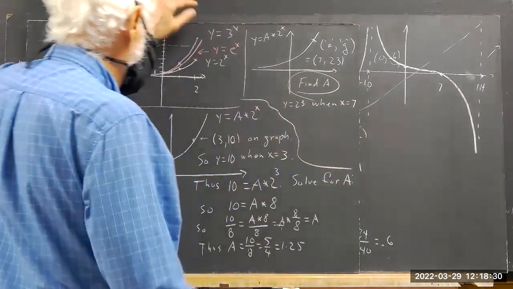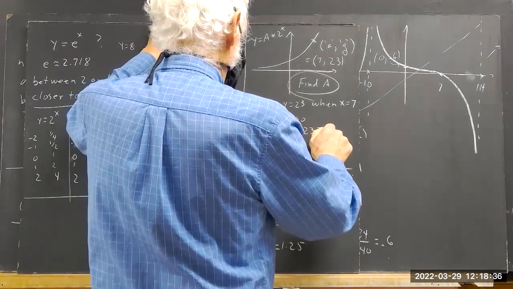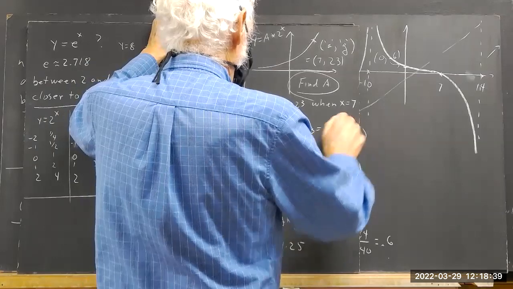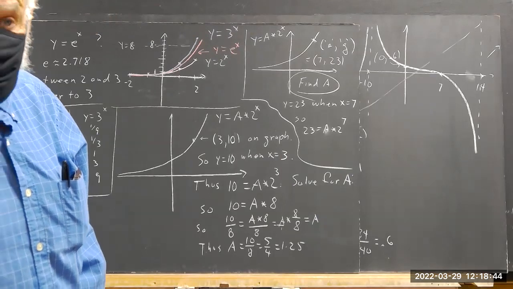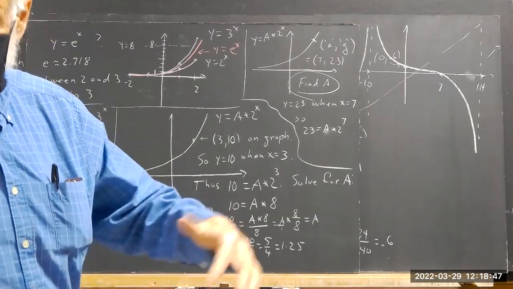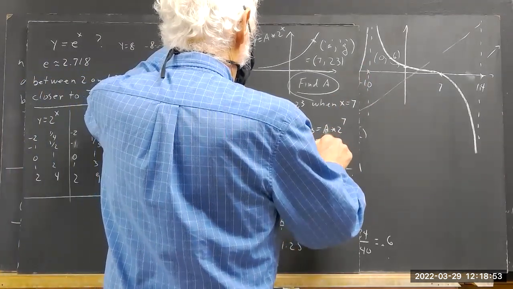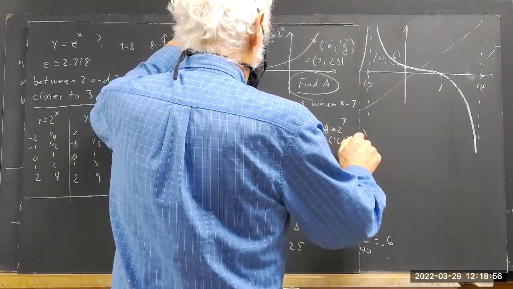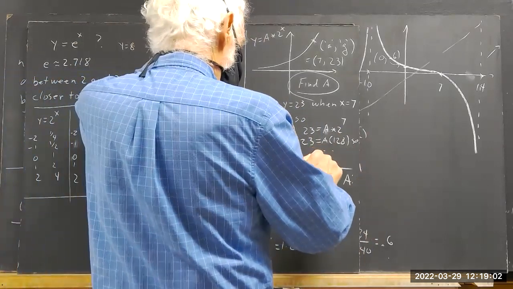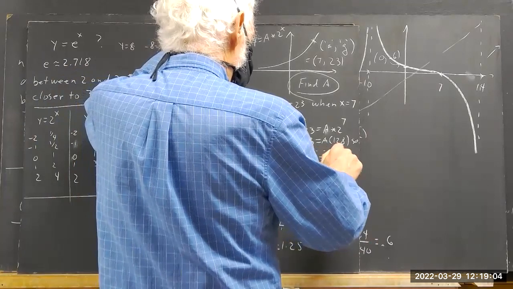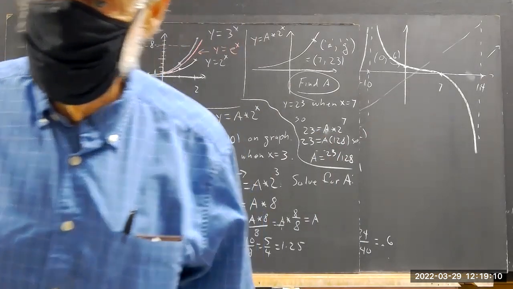So 23 is a times 2 to the 7th. Okay, 2 to the 7th is 128. I want you to fill in all the details of the calculation. You're going to find that a is 23 over 128.